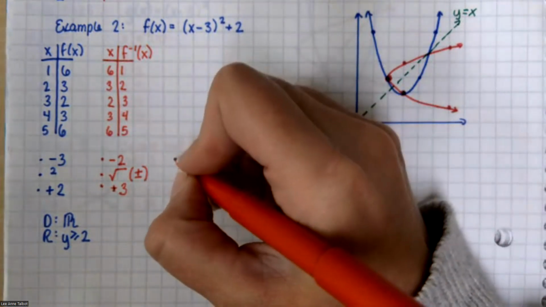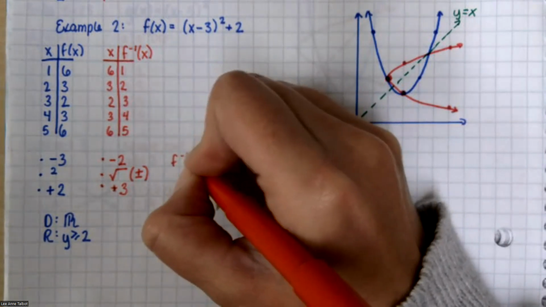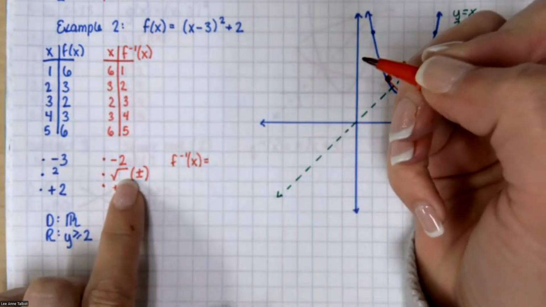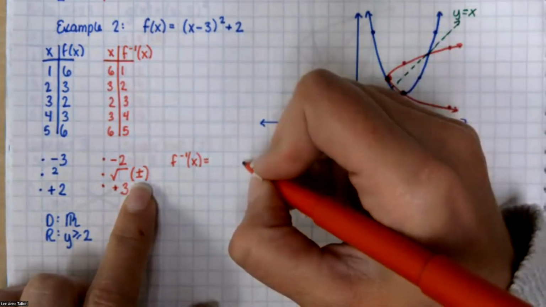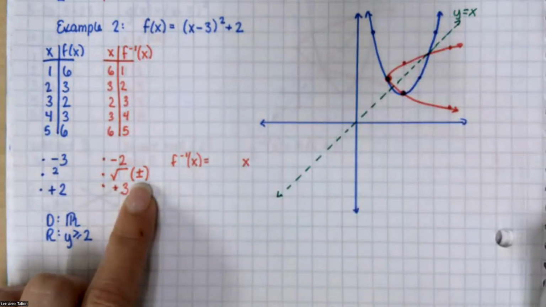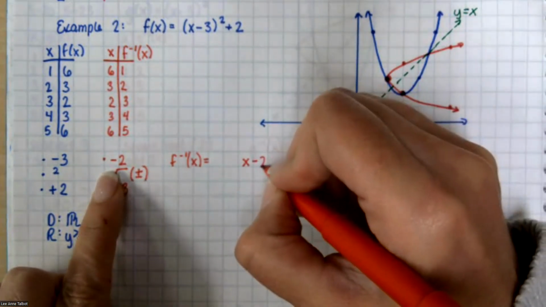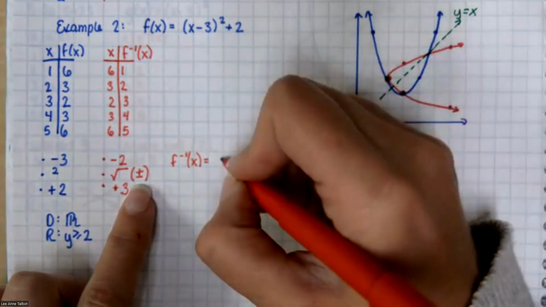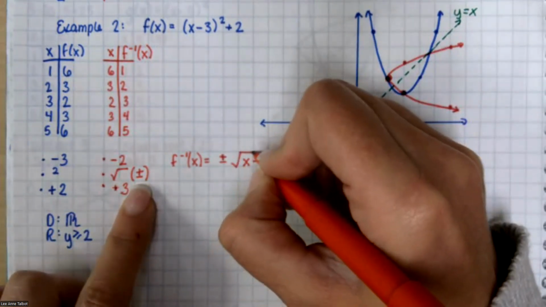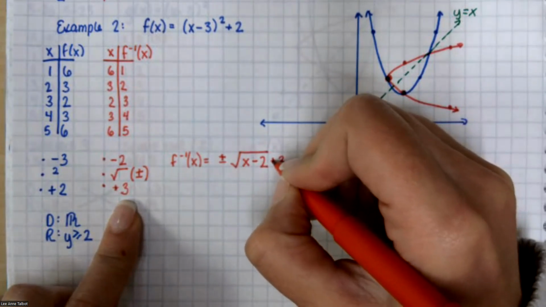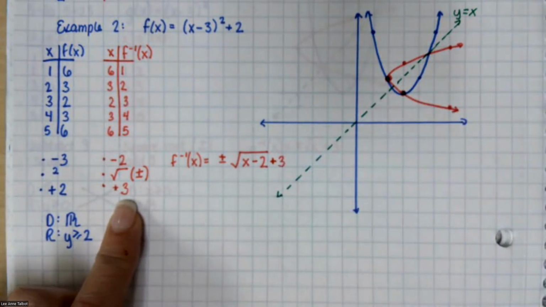Okay, so F inverse of X equals. Okay, I see that I'm gonna need a square root and a plus or minus. So I'm gonna put my X way over here. First thing is -2, then plus or minus square root, then +3 on everything.